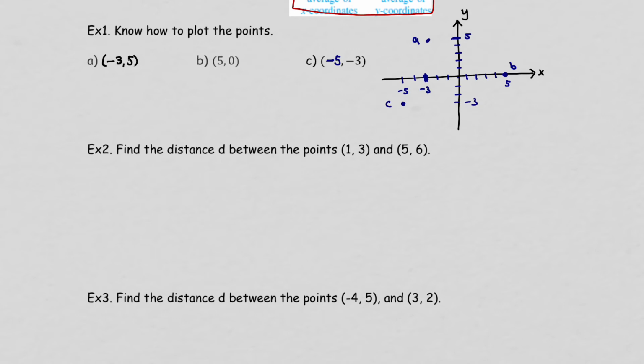That will be C. So make sure we know how to plot the points, because a big portion of pre-calculus or college algebra is about graphing. So we need to make sure we know how to plot the points in order to graph. This is very basic information.